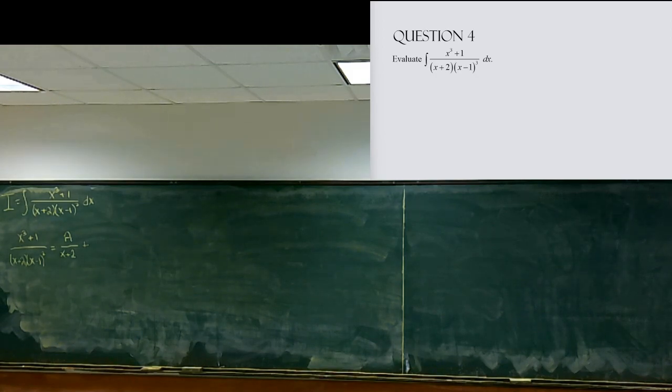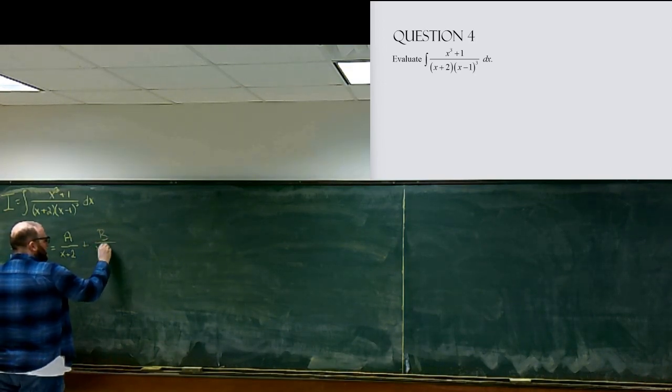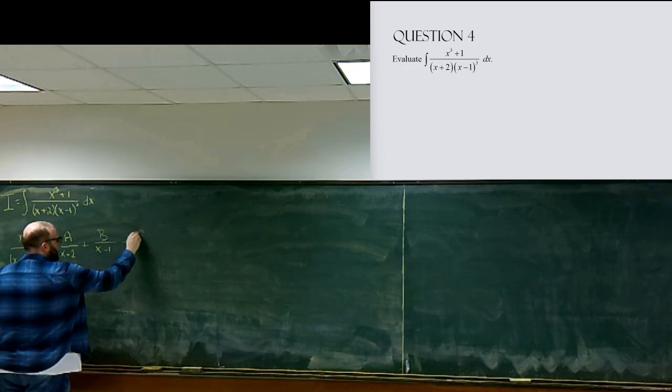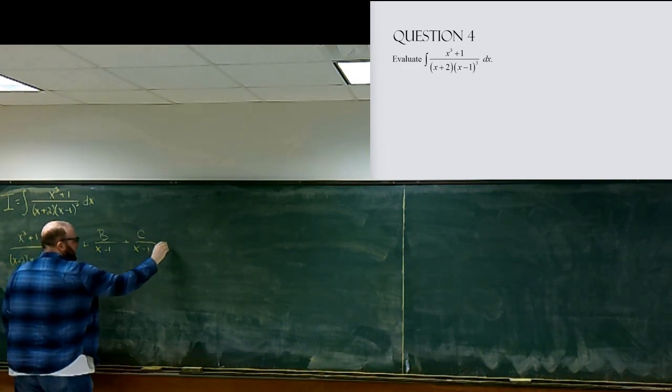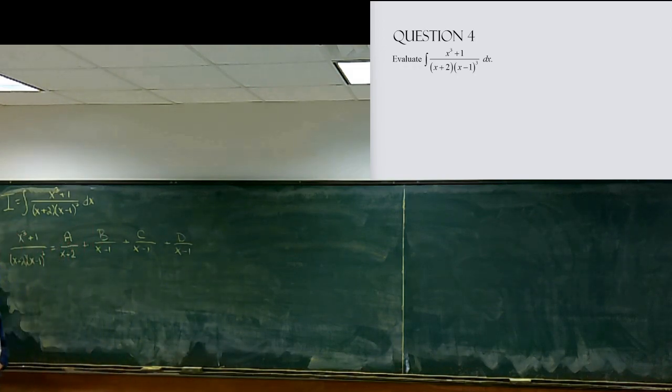It's going to be B over x plus 1, C over x minus 1, and D over x minus 1? Close. Or is it just D1, D2, D3 or something? Well, that doesn't matter. Okay, B1, B2, B3, and B, C, D would be the same thing.